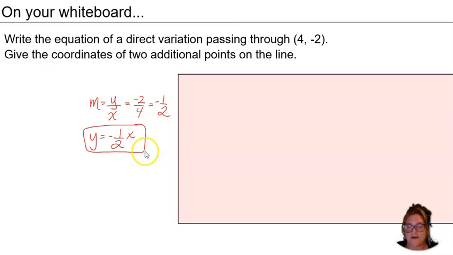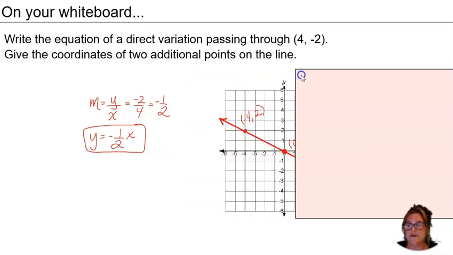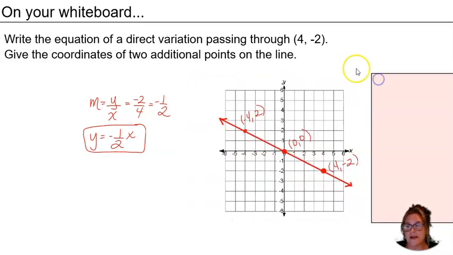When I plot that on the graph, I know that my line passes through 0, 0, because that's a point that has to be on the line of a direct variation. So one of my coordinates of an additional point would be the origin 0, 0. Another point would be if I follow my slope out, up 1, 2 to the left, and there's another point at -4, +2.